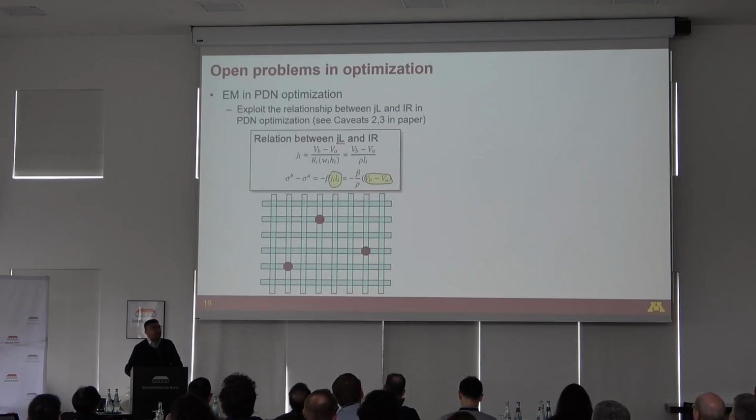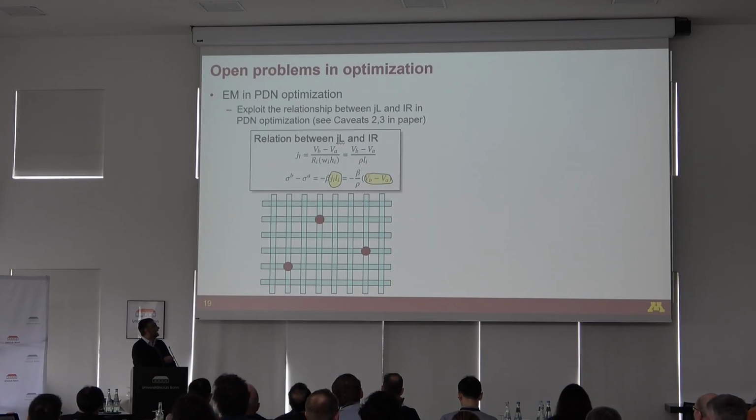A few words about some open problems in this area. So remember, I said this earlier, that this JL quantity is really important, and there's a relationship between JL and IR. So if I'm optimizing a power delivery network, I'm typically optimizing the summation of the voltage drops along every wire.